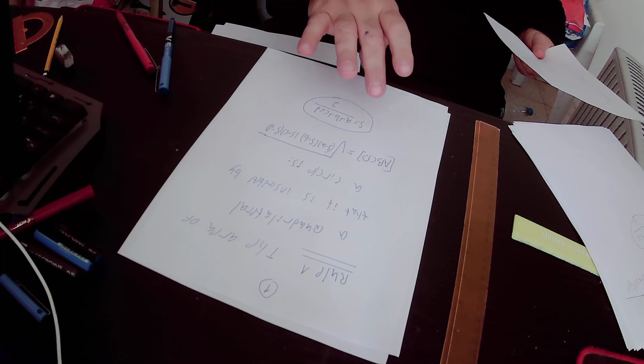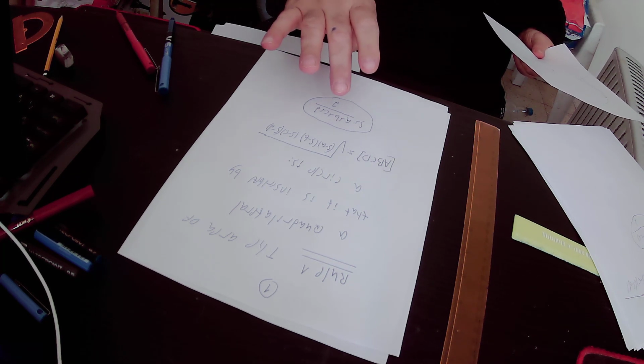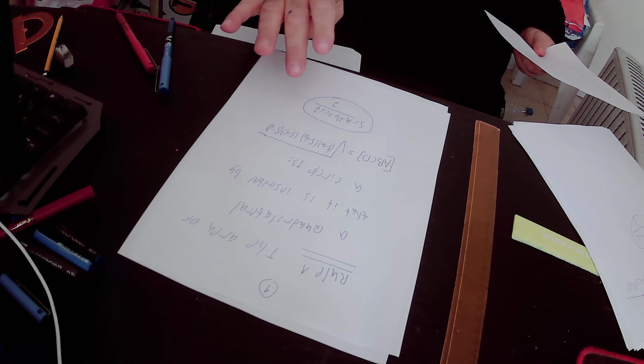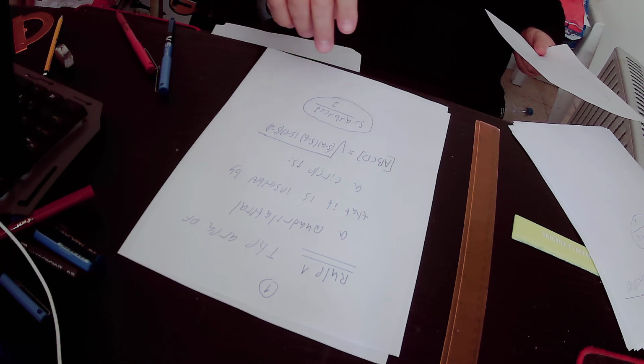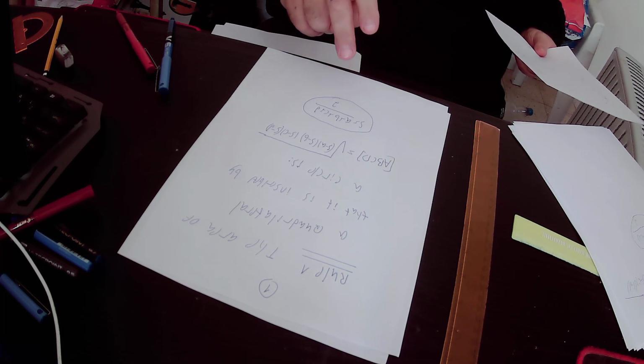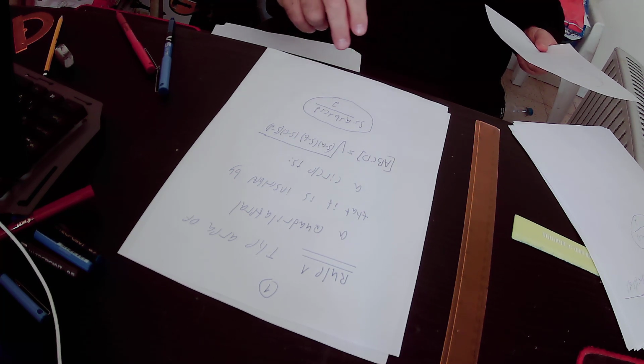The area of quadrilateral ABCD equals the root of (S minus A) times (S minus B) times (S minus C) times (S minus D), where S equals (A plus B plus C plus D) over 2.